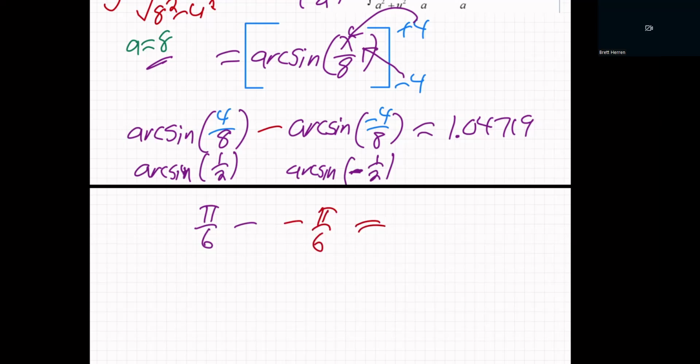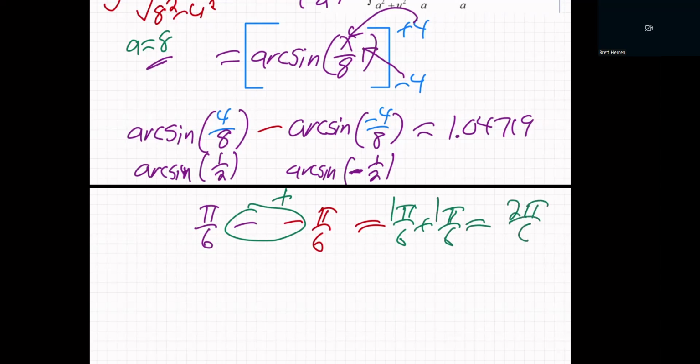So if you're interested, the double negative here becomes positive, and so you get pi over 6 plus pi over 6, which is 2 pi over 6, which indeed is pi over 3. You don't have to remember all that stuff from trig. It's all right. You can just give this answer. It's the same thing as pi over 3.